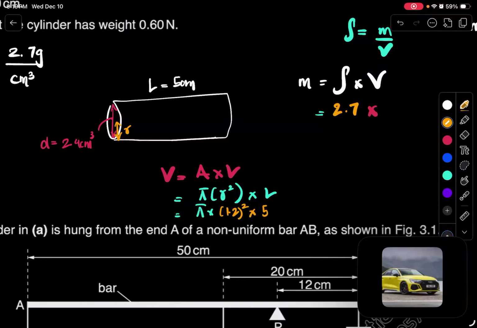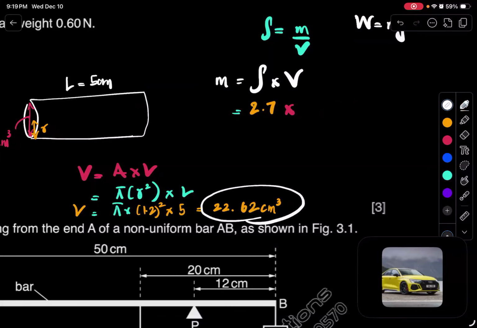It's equal to 5. Now let's check what this is. It's going to be pi into 1.2 squared into 5. So this comes out as 22.62. Keep in mind, the units are going to be centimeter cube. Why? Because I did not convert the centimeters into meters. So the volume is 22.62 centimeter cube.